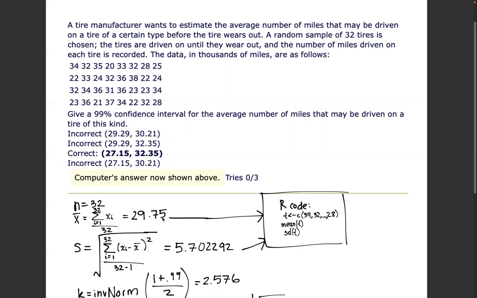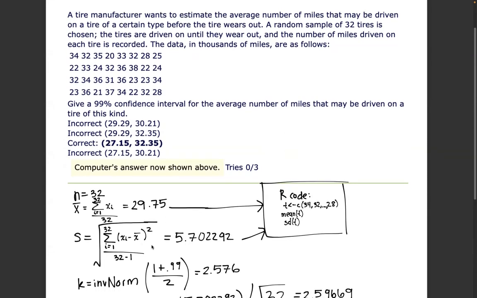For me, it was faster to use R. My R code looked like this: I labeled this list of numbers as T. You can label it whatever you want. I made a list, so I did C, open bracket, and then listed all of these numbers. Then I used the function mean of T to get the mean.